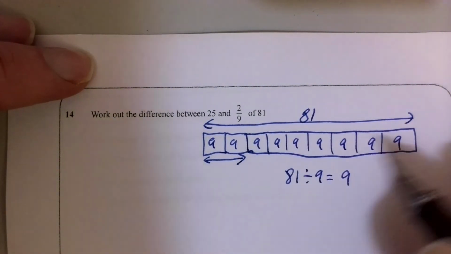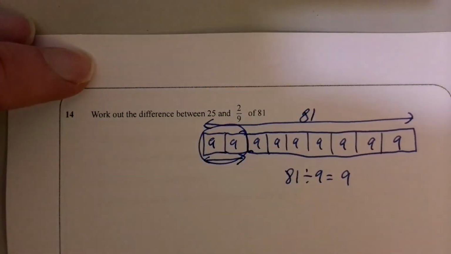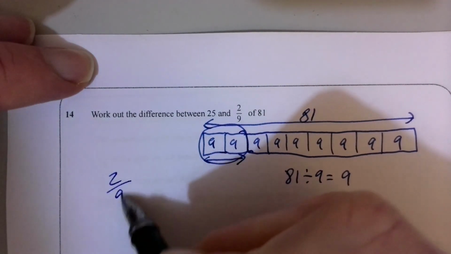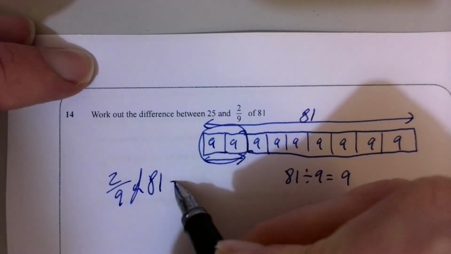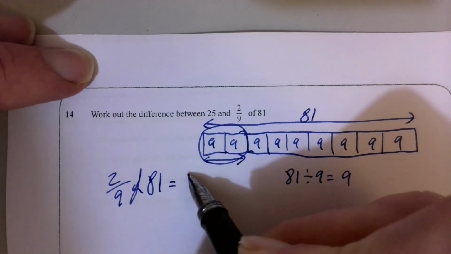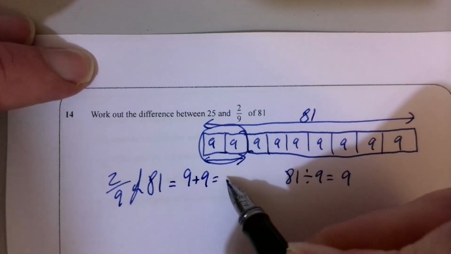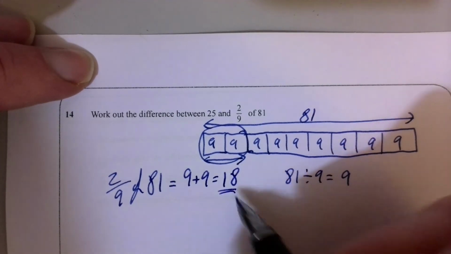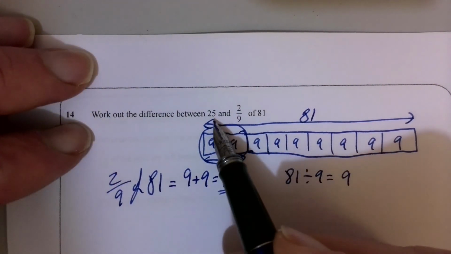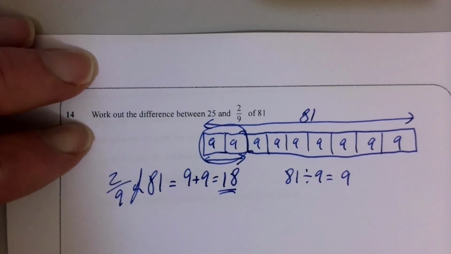But we're not really fussed about all of that, we just want this. So we can say that 2/9 of 81 is 9 plus 9, or 9 times 2, which is 18. And we want the difference between 25 and 18.